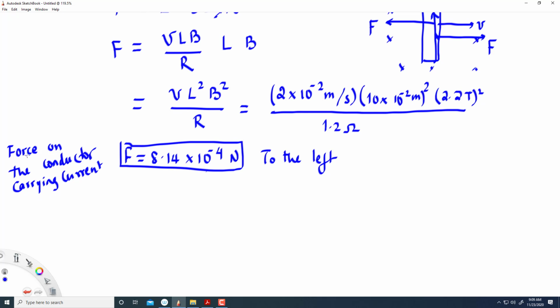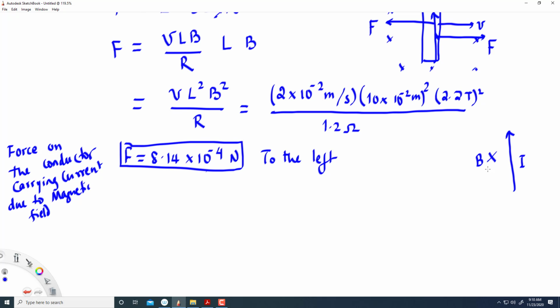Using the right hand rule: the current is going up and the magnetic field is pointing into the page. So point your fingers towards I and curl towards B, up and then curl inward. Thumb is pointing to the left.